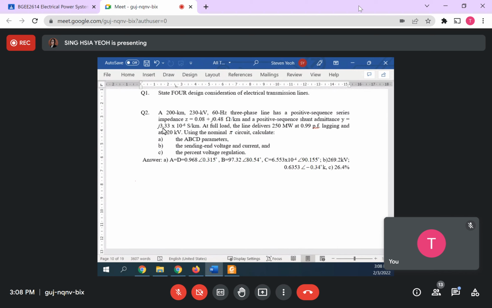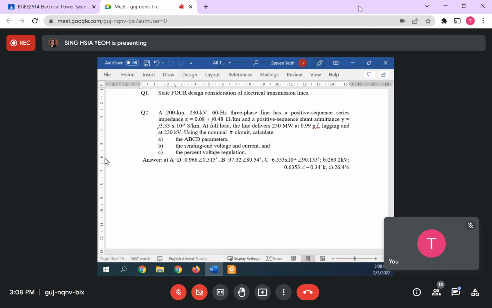So a medium line has its own medium line equations, right? One minute, my writing. Okay. Oh, I cannot see my mouse movement.